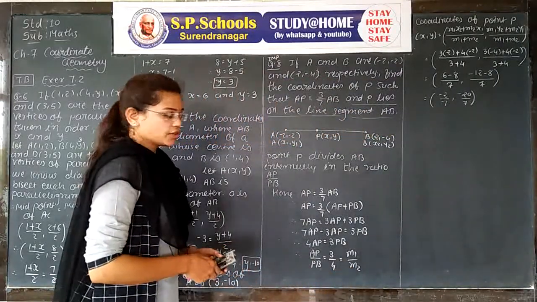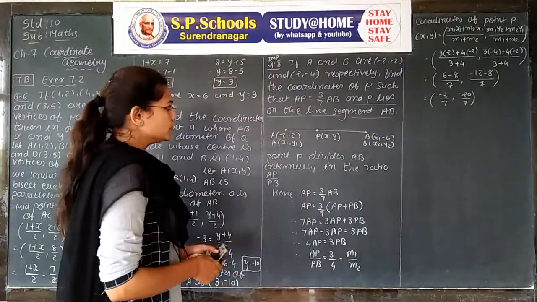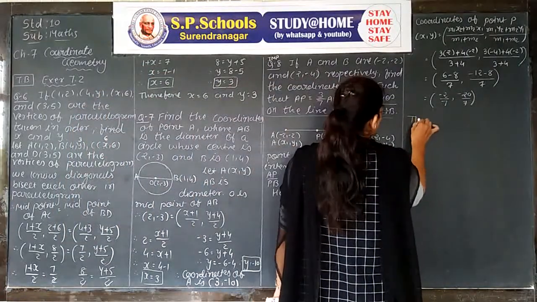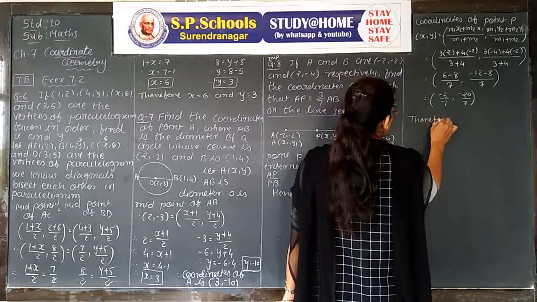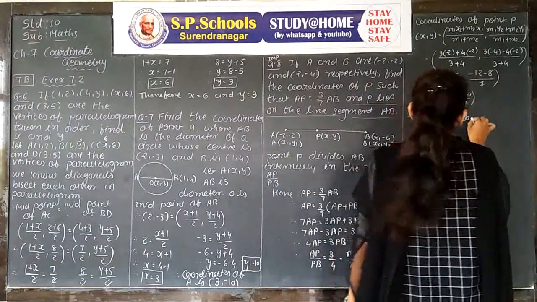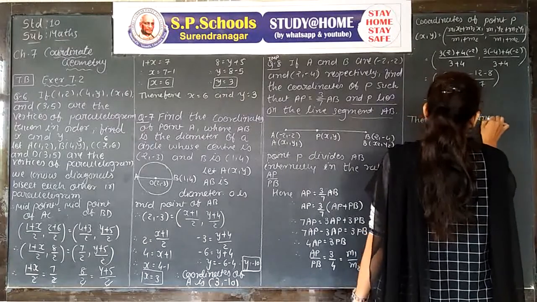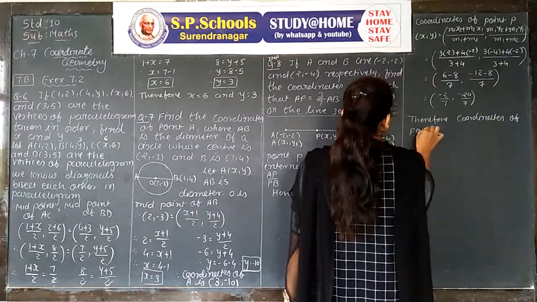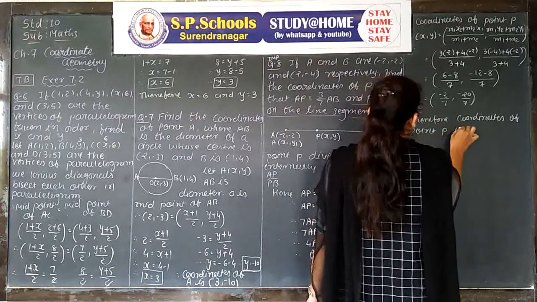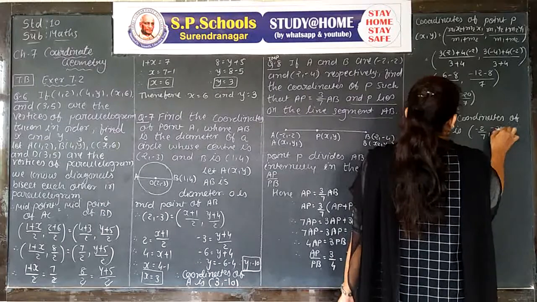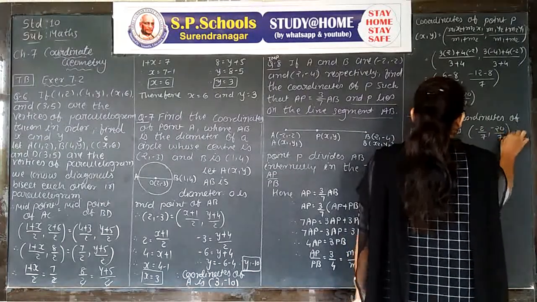Further simplification is not possible. Here the coordinates of point P are obtained. Therefore, the coordinates of point P are (minus 2 upon 7, minus 4 upon 7).